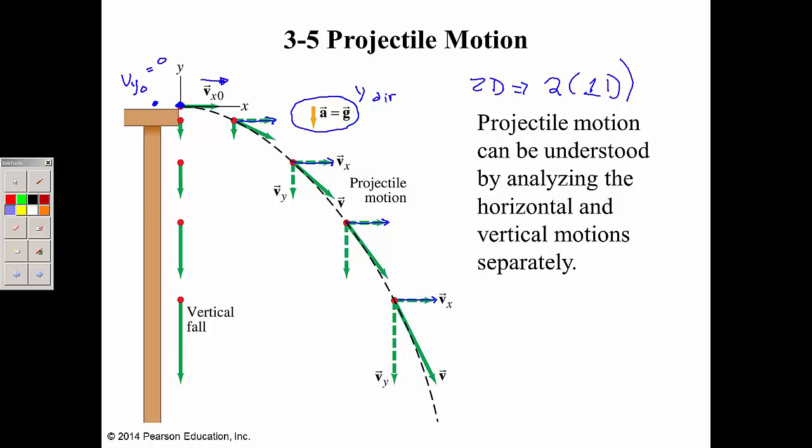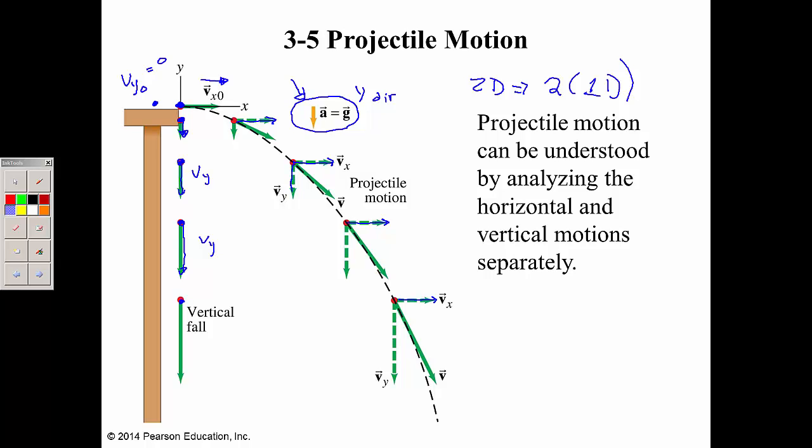Now, in the y direction, we've already dealt with falling balls. We know that the ball is going to accelerate due to gravity, and its velocity vector is going to change, and it's going to become longer and longer and longer as it falls further and further, thinking strictly about vertical motion.